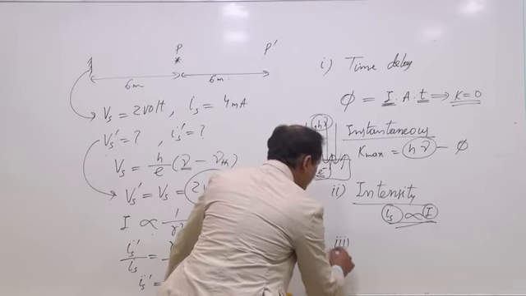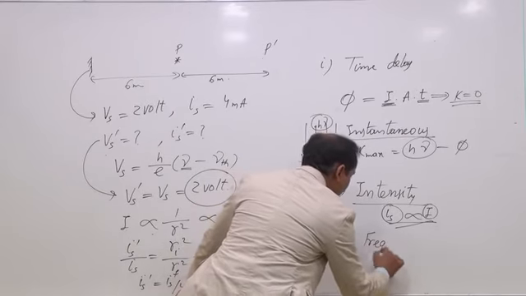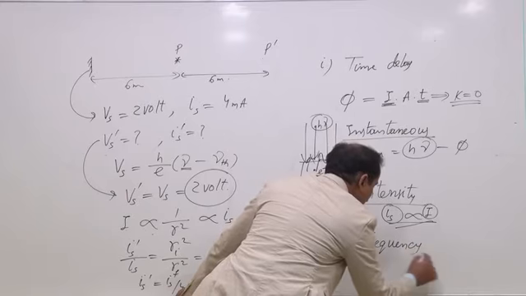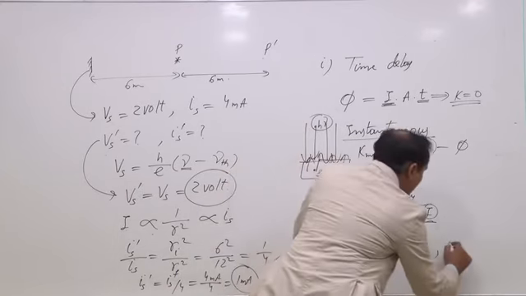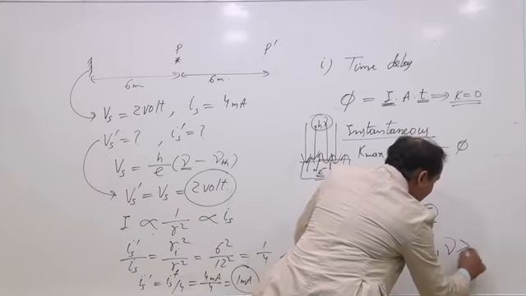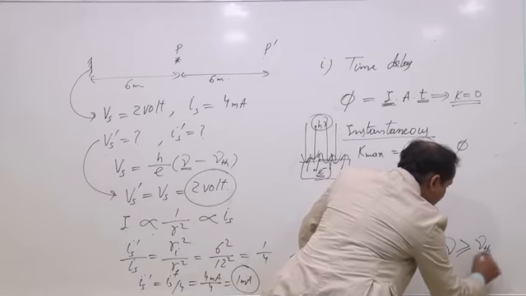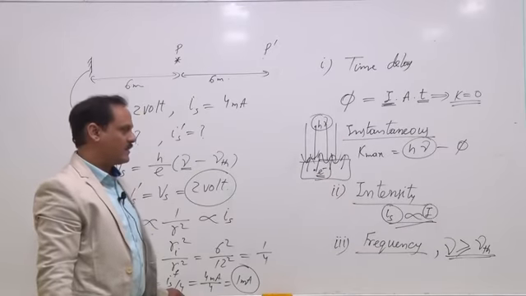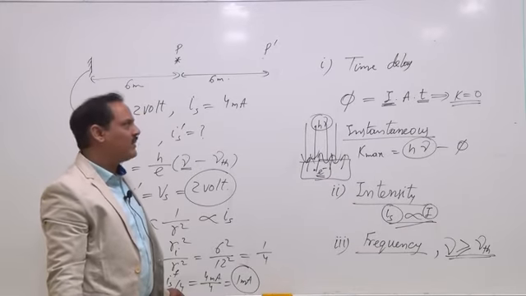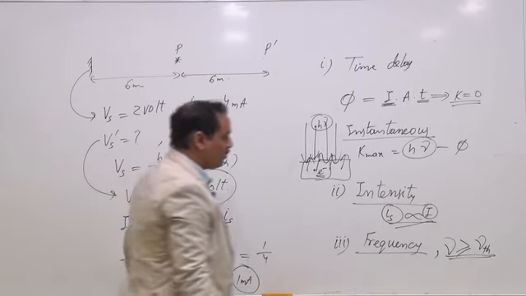The third one is the frequency problem. As we said earlier, only when the frequency of incident light is greater than or equal to the threshold frequency does the photoelectric effect take place. Otherwise it does not. Why so?